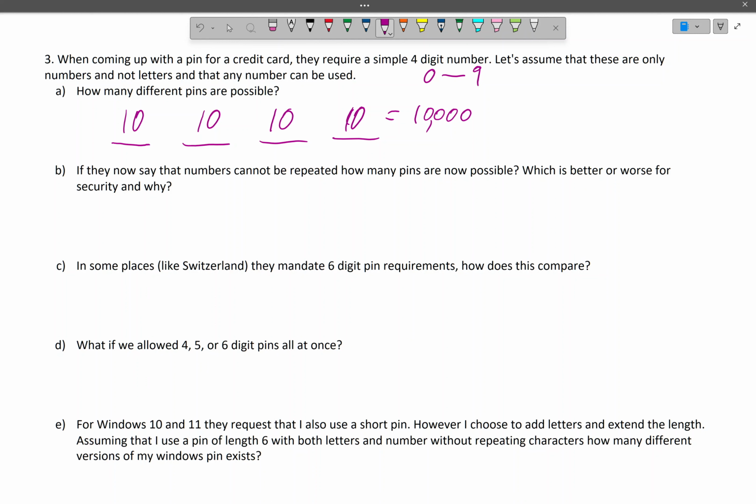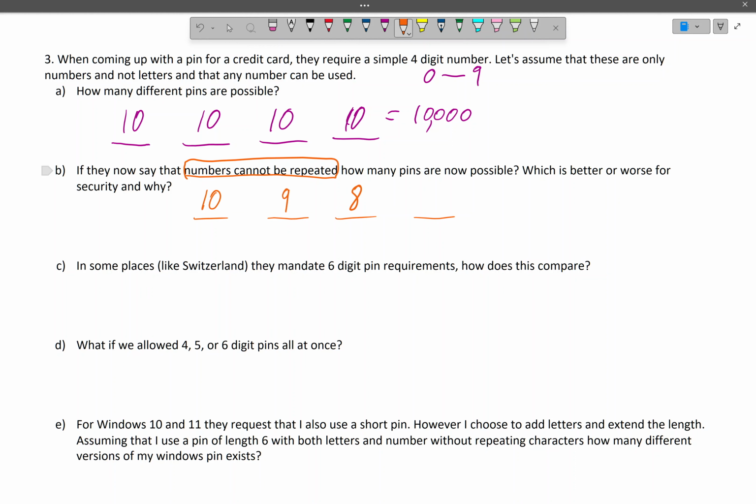So not that bad. But what if they say now that numbers cannot be repeated? And a lot of people follow this rule. So if you're trying to guess someone's PIN, this is probably a fair rule to follow. So let's do this again. There's still 4 digits. We start with 10 options. But now we've removed an option. We've decreased the number of options by 1 because we've used up a number.